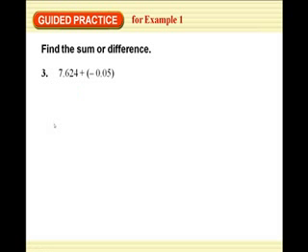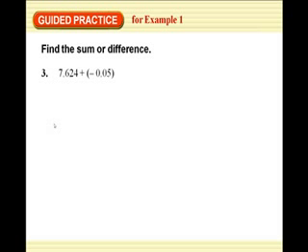There we go. This one has a positive and a negative, so remember when you add a positive and a negative number, you have to subtract. So let's take a look at setting that up.